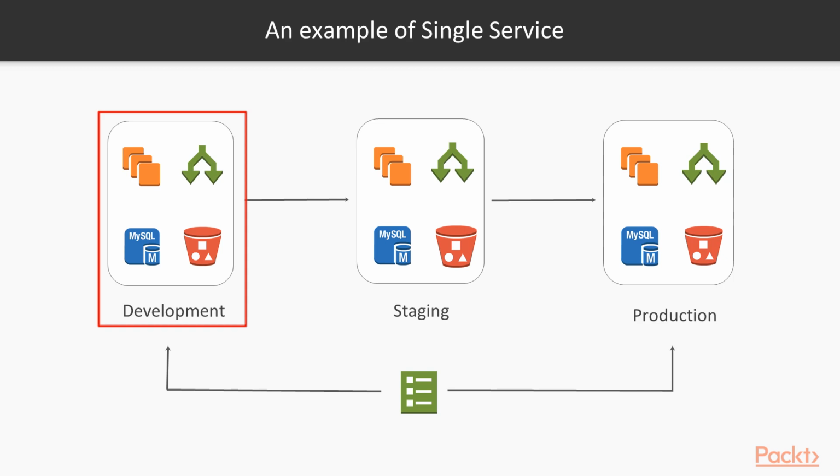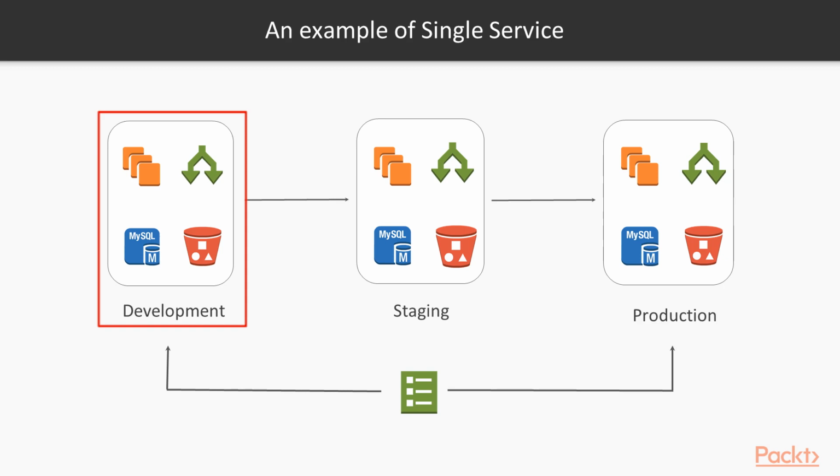There are four services that we are using. Now if you manually create these services, it will take at least a few hours for creating a load balancer, creating auto scaling groups, all of those things, then creating an RDS database, connecting the EC2 instance to the RDS database, and so on. It will take at least a few hours, if not a day, for this environment to be built.